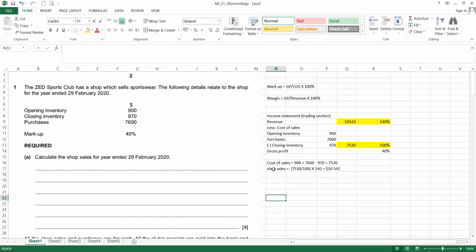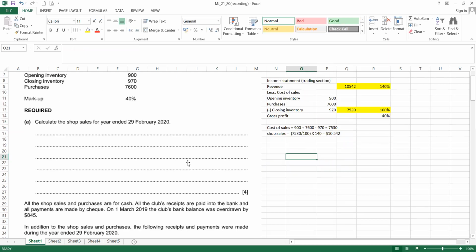You must show how much your cost of sales is, because your base is the cost of sales. So you must calculate up to show it in order to get the format. You must show this is the cost of sales amount, 7,530. After that, it is up to you whether you want to use this method or the calculation method to show how you get the 10,542. So that is the answer for part A.